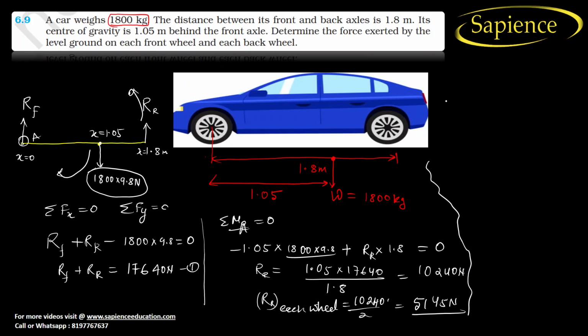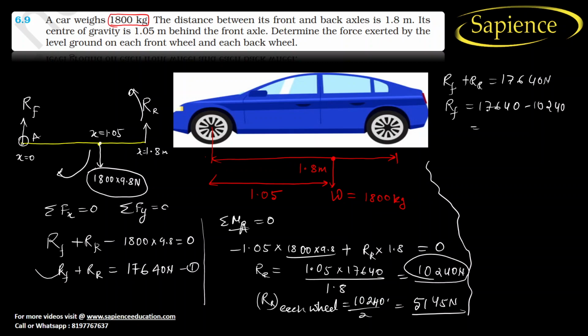Now we will talk about the front wheel. We have already got one equation: Rf plus Rr is equal to 17640 Newton. So Rf, that is the reaction on the front wheel, is equal to 17640 minus 10290.